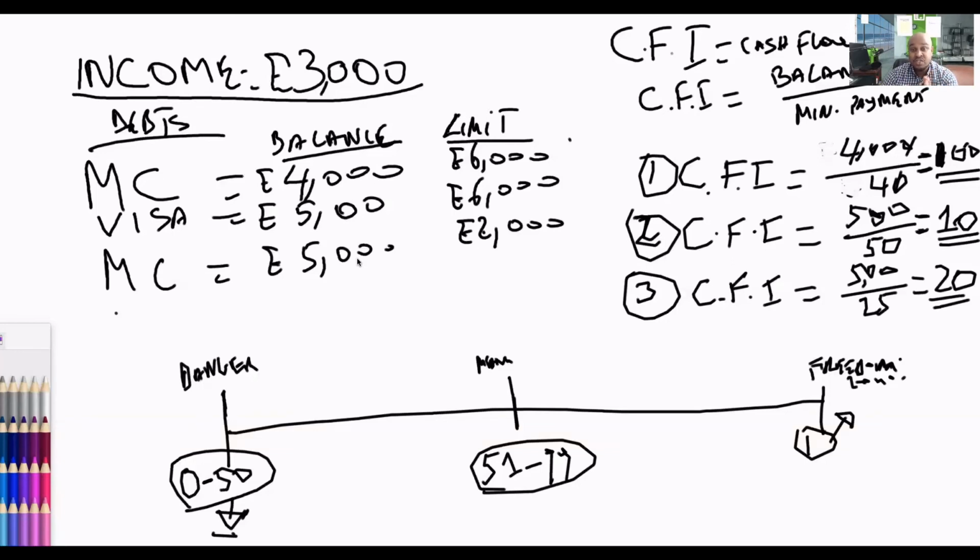Because with amortized interest, even though it might look like a small percentage, overall, over time you will pay more. When it's simple interest, it looks like a bigger percentage because it's calculated on a daily basis. Okay, but it is better overall. I prefer to have simple interest loans.